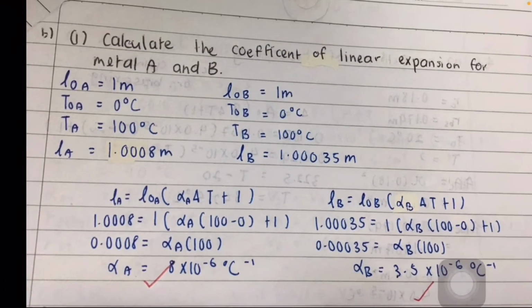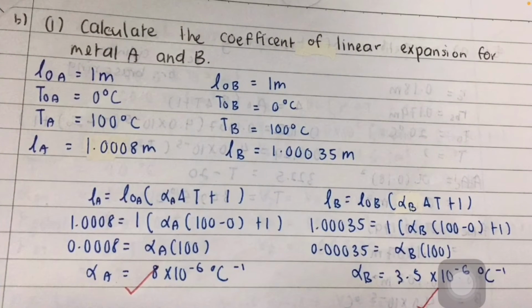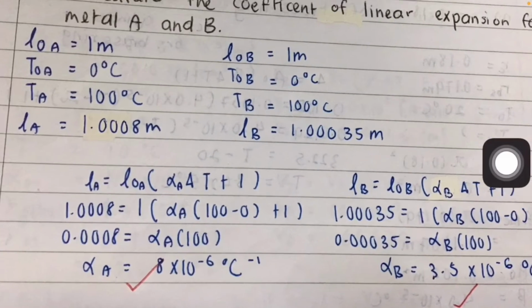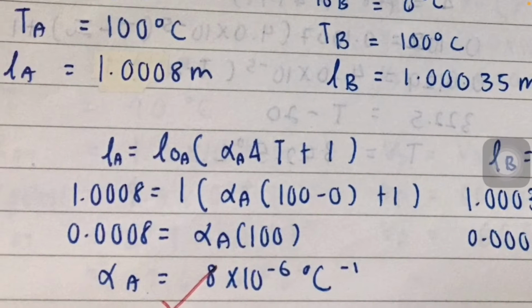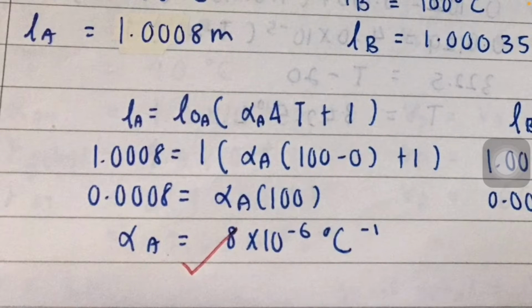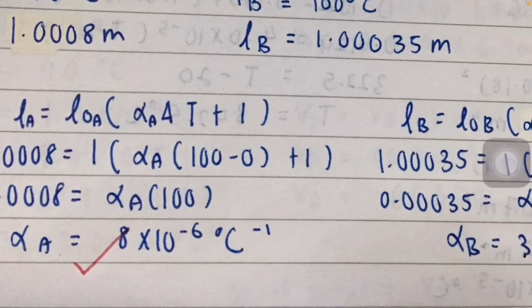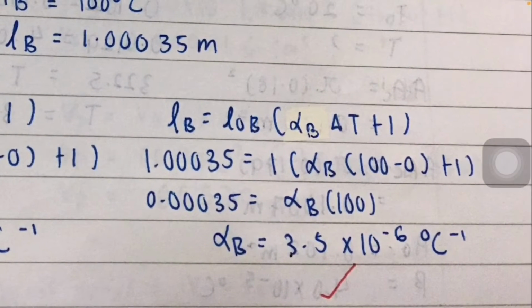At this time we must use the same formula as in 5A, so we put in the values in the formula, and for alpha A we can get 8 times 10 power of negative 6 per degree Celsius, and for alpha B we can get 3.5 times 10 power of negative 6 per degree Celsius.